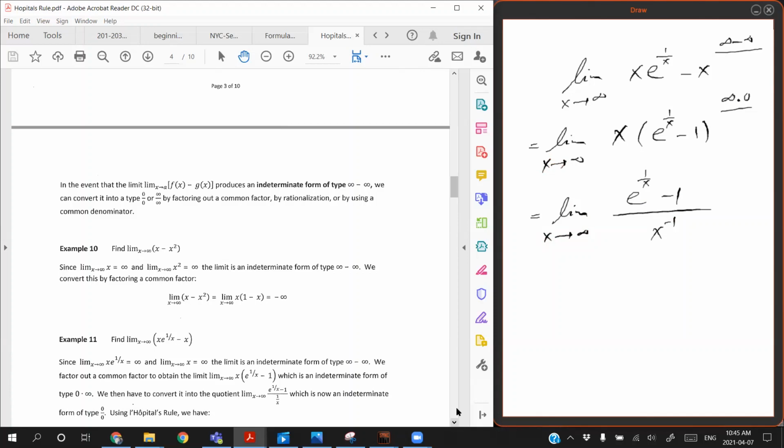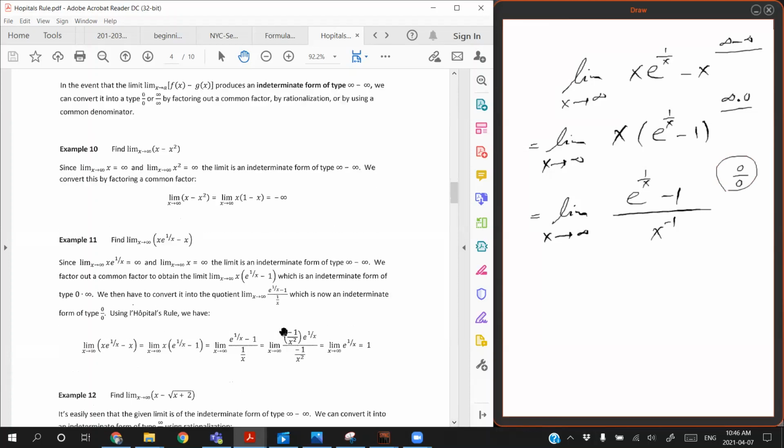So now I have 0 over 0. That means I prepared it for L'Hopital's rule. I began here at infinity minus infinity. I factored out the x. So now I have infinity times 0. And I moved the x down. I converted a multiplication into a division. And now I can use L'Hopital's rule. Is that clear?